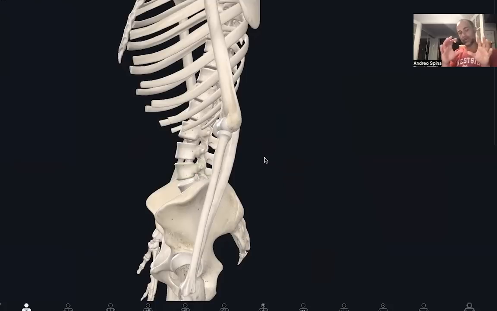And this, I think, is one of the main problems with the concept of managing the spine, is this idea of the motion segment and segmentation of the motion segment.